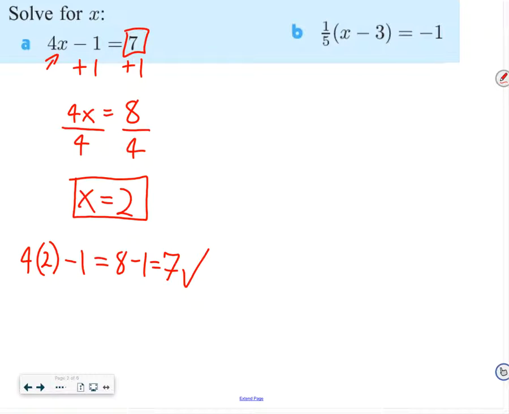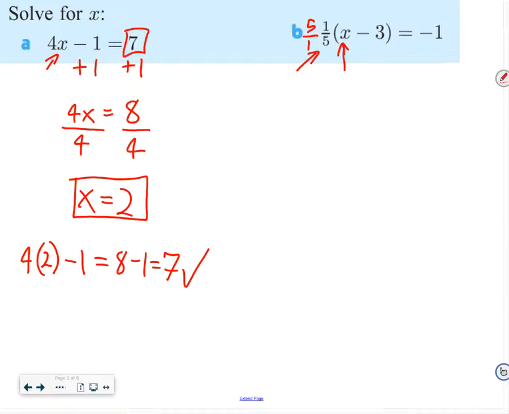On letter B here, as I'm undoing these, I'm again trying to find out what x is equal to. I want to undo my outer layer first, so since the minus 3 is in the parentheses, I'm going to deal with this 1/5. Multiplying by 1/5 is the same thing as dividing by 5, so to undo dividing by 5, I'm going to multiply by 5 over 1.